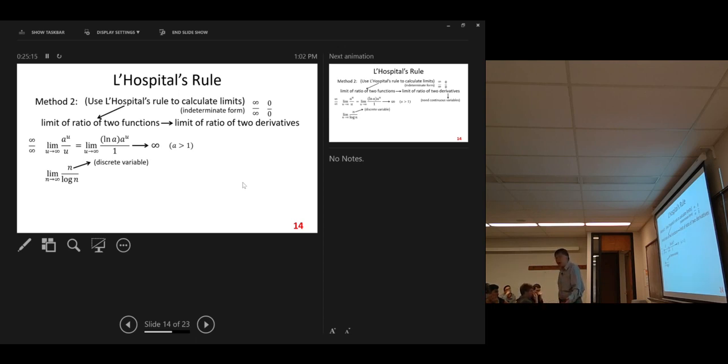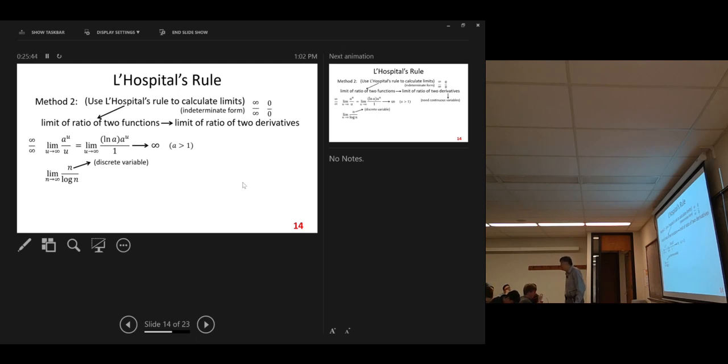You cannot take pi, because our n, the size of the array, can only be a non-negative integer. 0 is the empty array, size 0. We allow that special case. So it is not a continuous function, it's a discrete function.